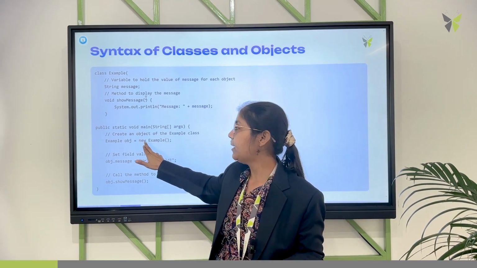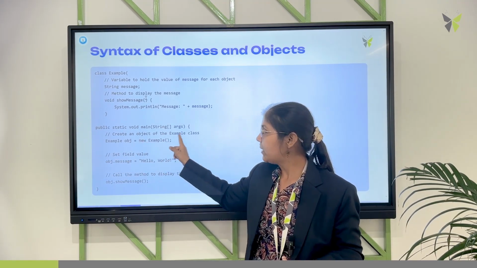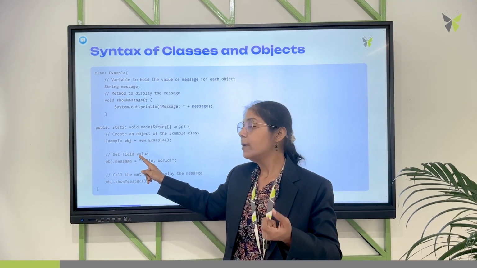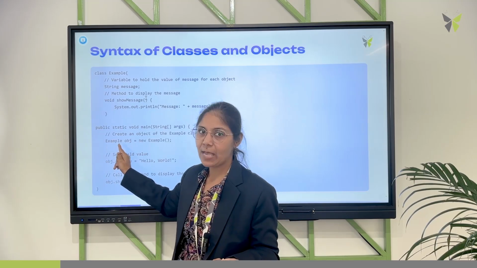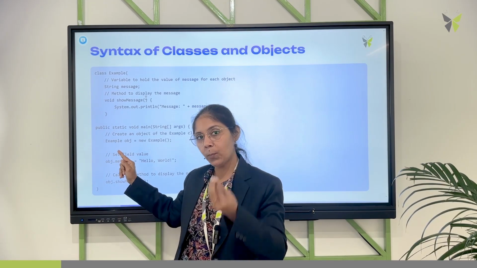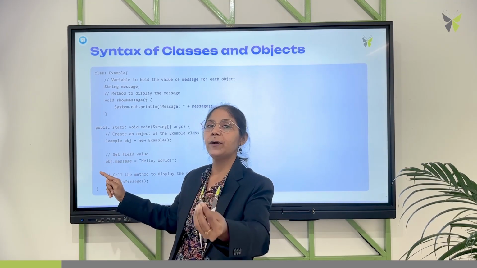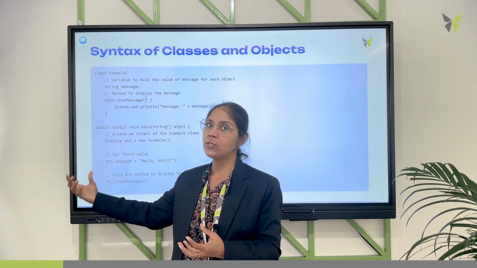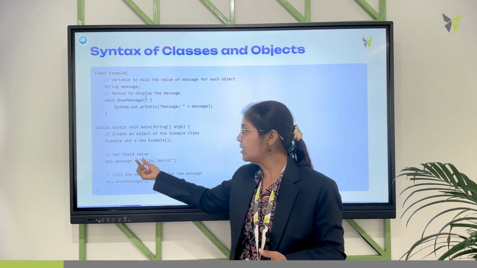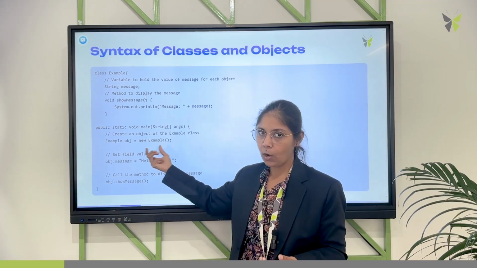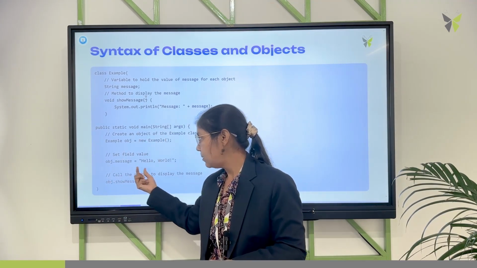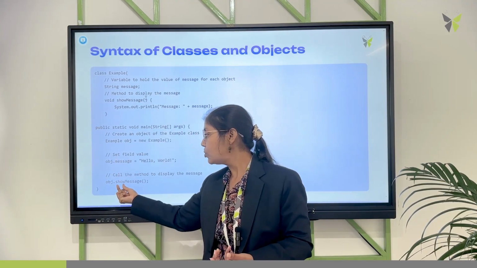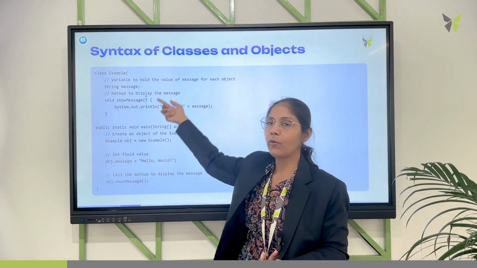The object is created with the help of the new keyword, but this object will be referred to by another variable called obj, which is of type Example, specifying that obj can only refer to a memory location which holds an Example object. Using this variable which points to my object, we can initialize the message variable which is part of my object, and we can also call the method which is the behavior of my class.